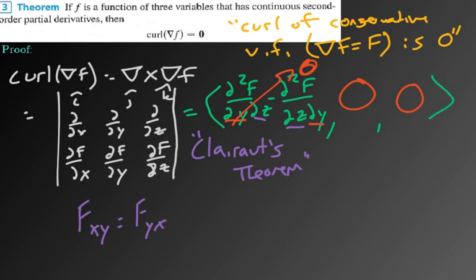If you just use Clairaut's theorem, then the curl ends up equaling literally just the 0 vector. What this is most often used for is that if your field is conservative, then the curl is going to be 0. But yeah, the curl of a gradient vector field is 0. If you compute it out, you'll see it with the mixed partials.